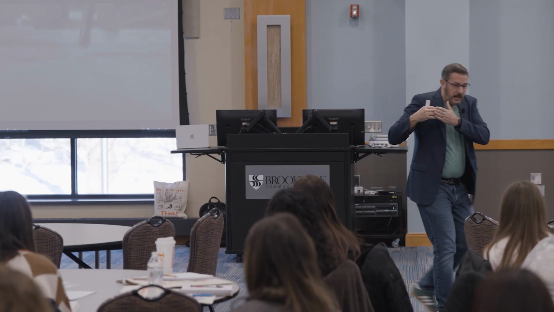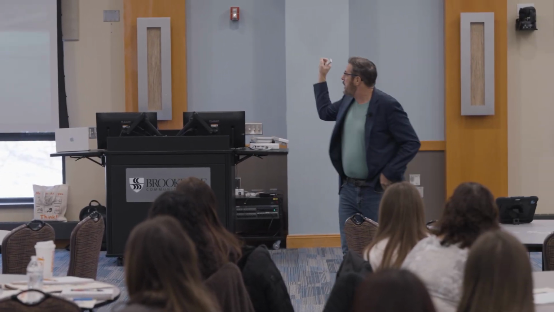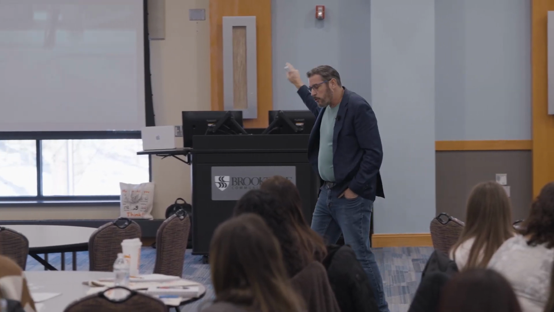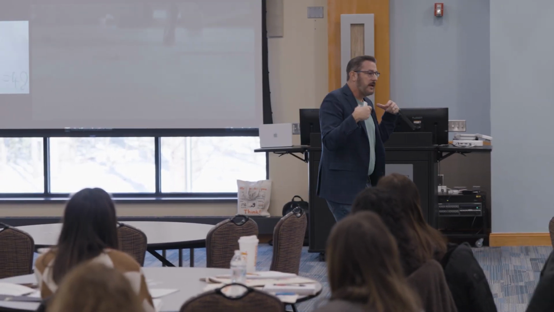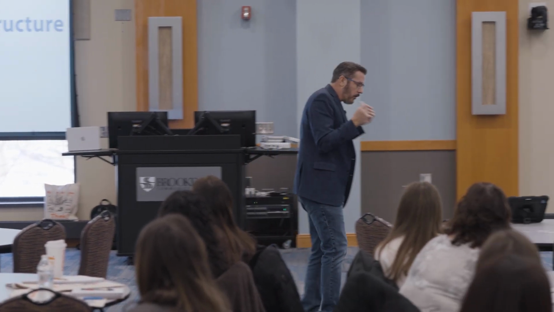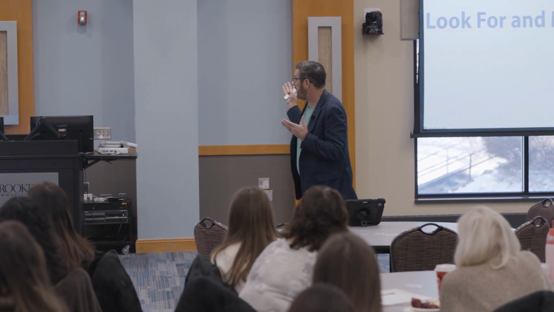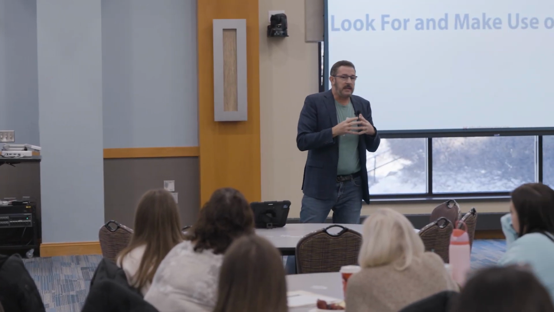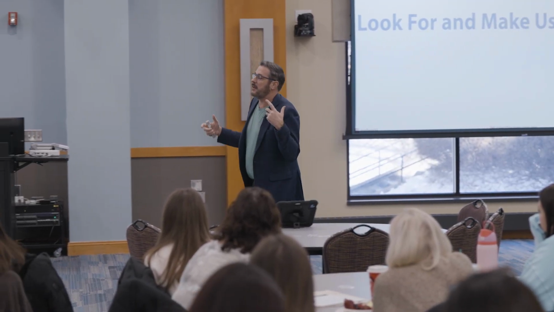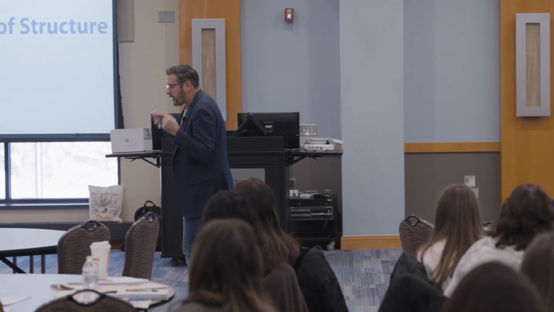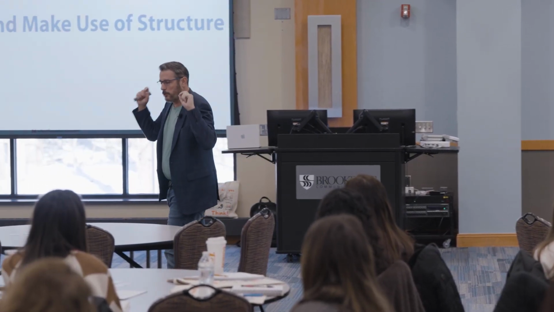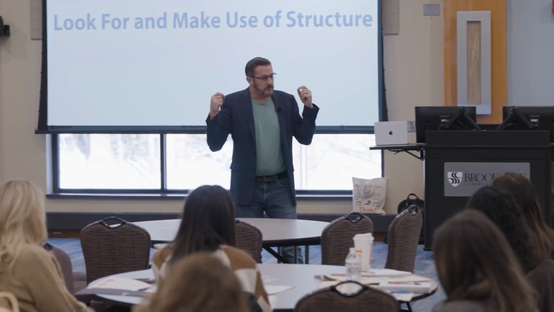But I want us to back up and get a nice, easy entry point to see where this begins and how we get to this point where second graders or kindergartners or fifth graders can think this way. But it all comes down to this practice standard: look for and make use of structure. So it says in our standards, this is Math Practice 7, that mathematically proficient students will look for and make use of structure.